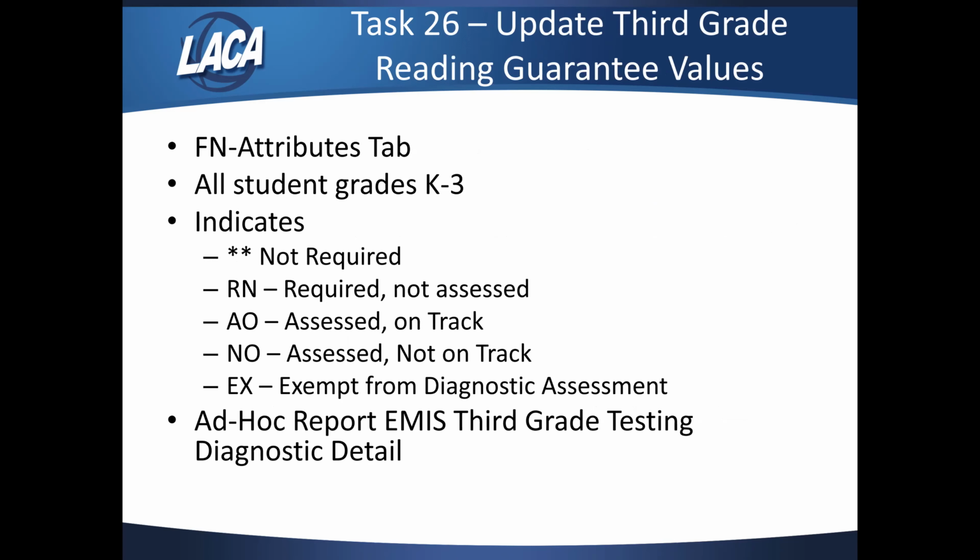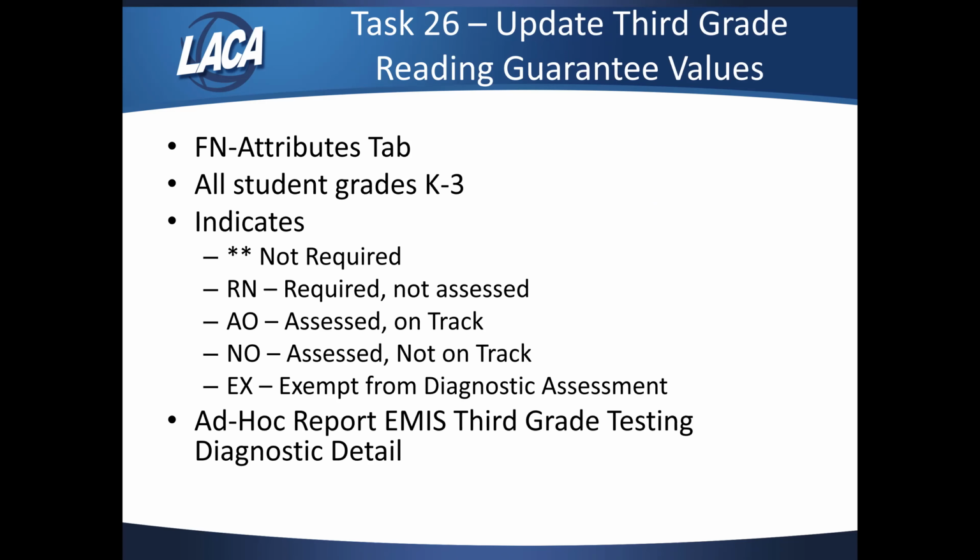The reading diagnostic should have been done for grades 1 to 3 by September 30, and for kindergarten by November 1. And then within 30 days of enrollment for any student, grades K to 3. Report if they are on track, not on track, required but not assessed, or exempt from diagnostic.